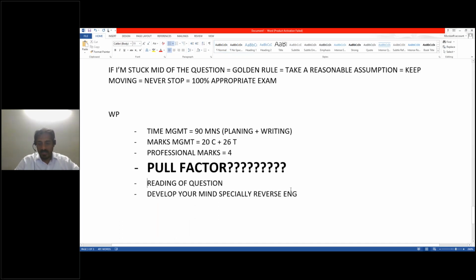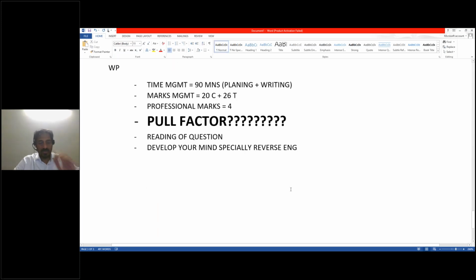Okay, let's start the game from here. So, what is the meaning of pull factor? Pull factor means whenever you read the requirement, the very first thing is understanding the requirement.